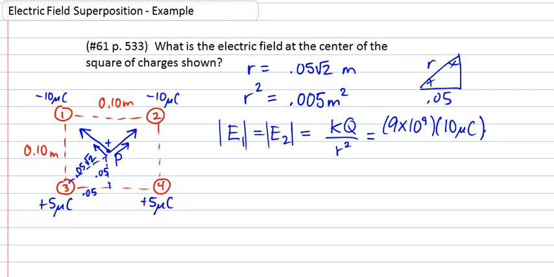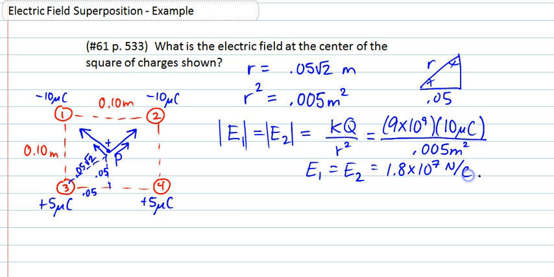I'm using the diagram to draw the field lines. And then 0.005 meters squared. And this works out to give us electric field from 1 and 2, basically 1.8 times 10 to the 7th newtons per coulomb.